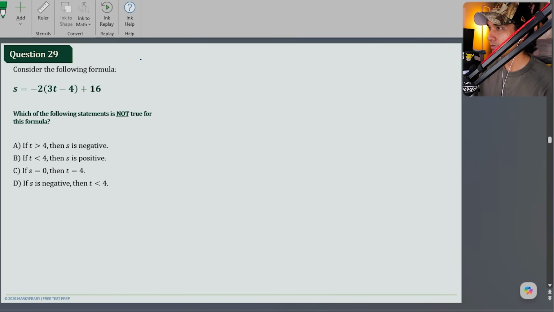So S is equal to -2, and then we're going to distribute. Holy crap, let's distribute. -2 times 3t is -6t. And -2 times -4 equals +8. And then +16.